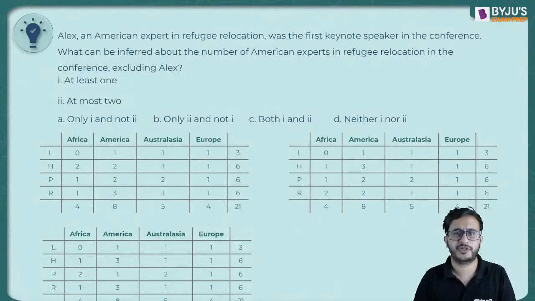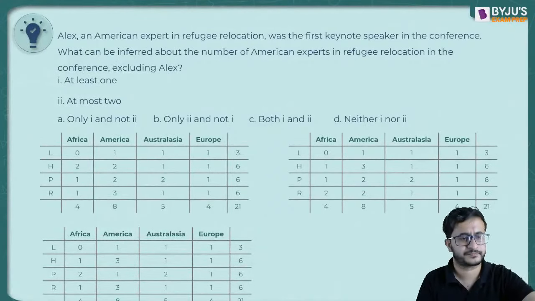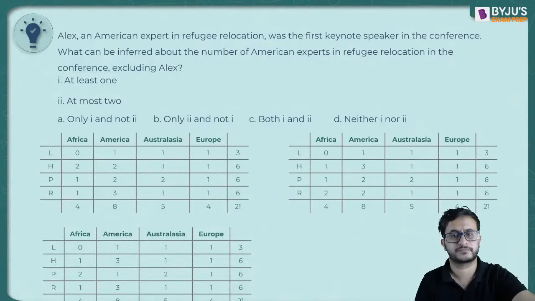What can be inferred about the number of American experts in refugee relocation in the conference, excluding Alex? So what can we say about them?